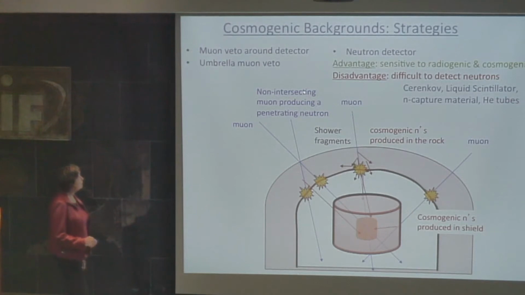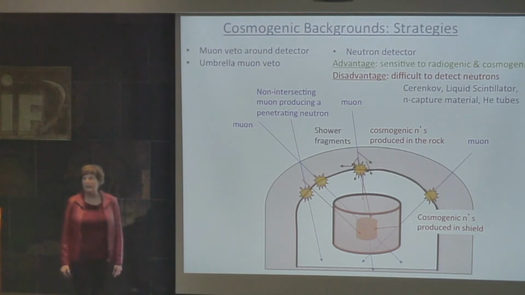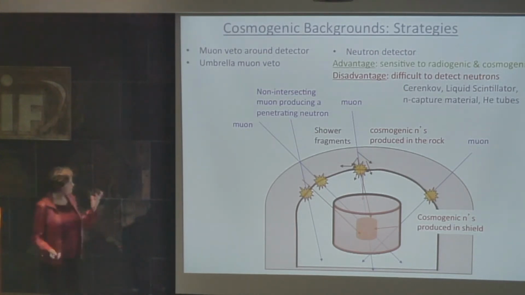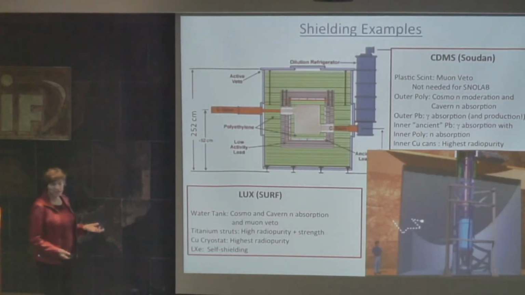The advantage is that this is sensitive itself to the neutrons that come in. A disadvantage is it's not so easy to make one of those. You can make a Cherenkov device. Liquid scintillator is popular, or some neutron capture material like gadolinium-loaded liquid scintillator, or helium.